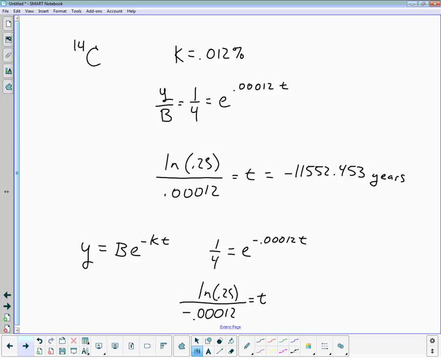But still, it's the same quantity. You just have to put it in its context. If it's decay, it'll go down. Same as that. Done with that.